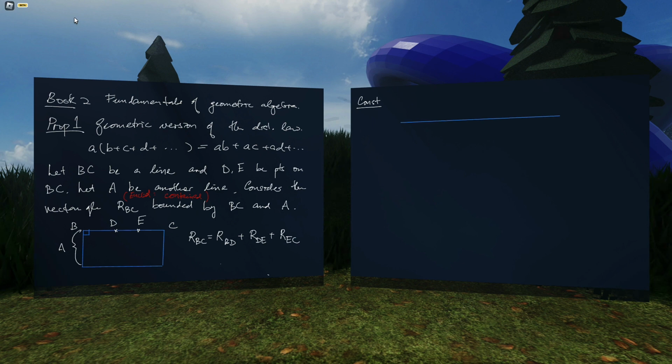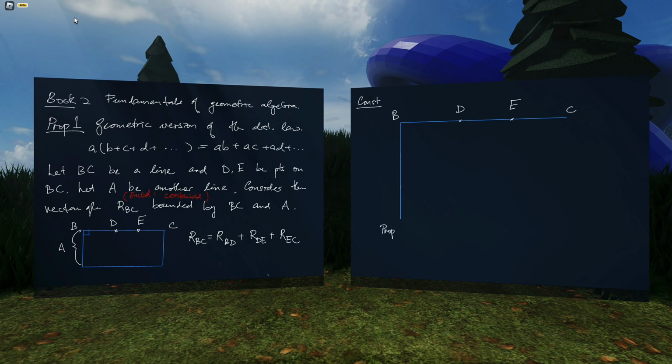So we have a line BC, with points B and C there, and we have points D and E on the line, and we're going to construct a line BF here using proposition 11.